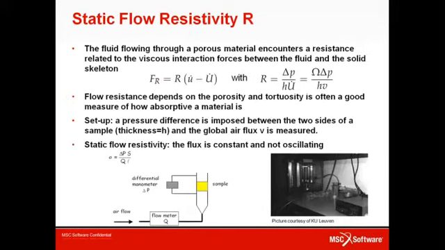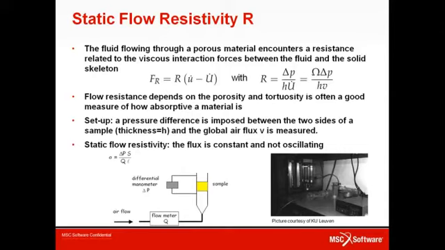We then have the static flow resistivity. A fluid flow going through a porous material encounters a certain resistance related to the viscous interaction forces between the fluid and the solid skeleton. And the corresponding viscous force is proportional to the relative speed between the skeleton and the fluid.